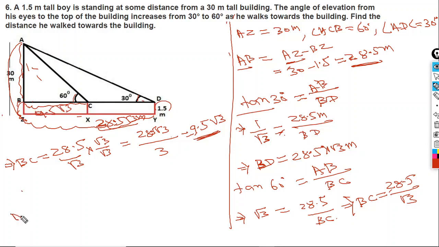Now again, CD equals, look at the figure, BD minus BC.